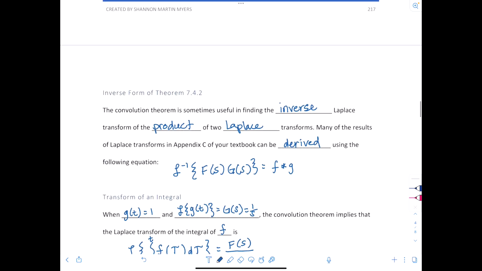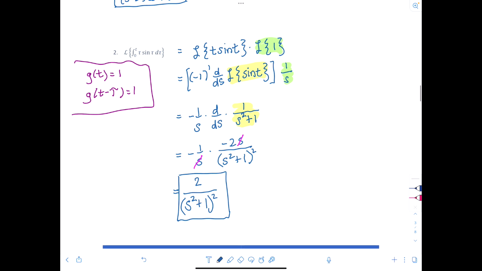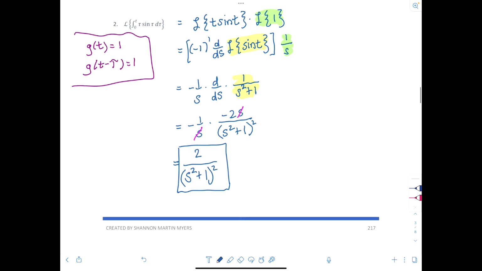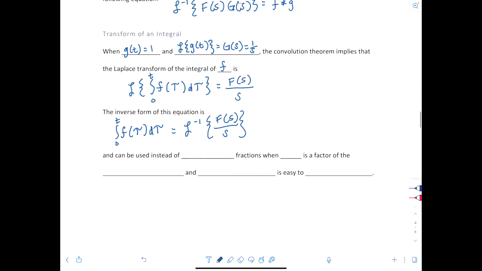And so that's exactly what we did on this one, right? We took that t times sine at t as our f at t, and that's how that worked. All right.